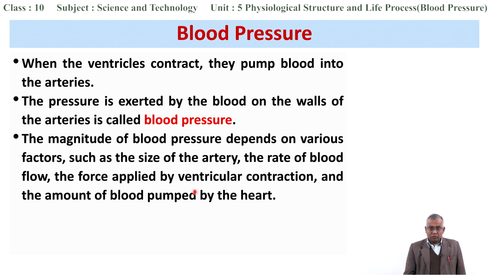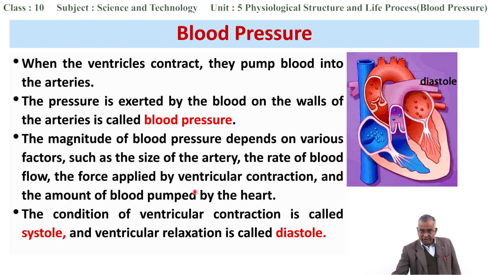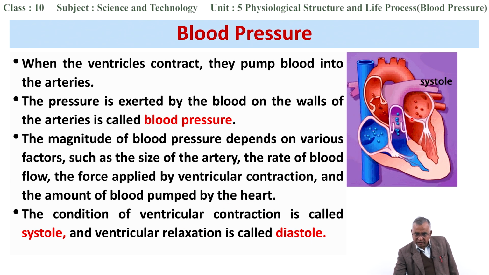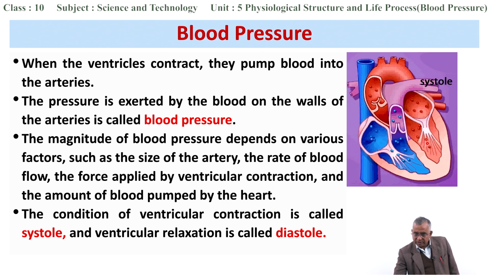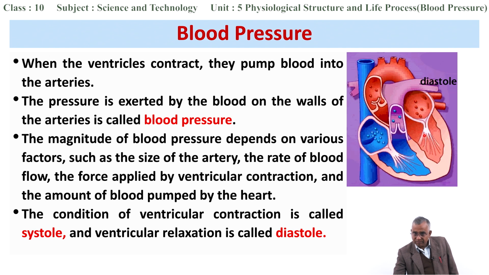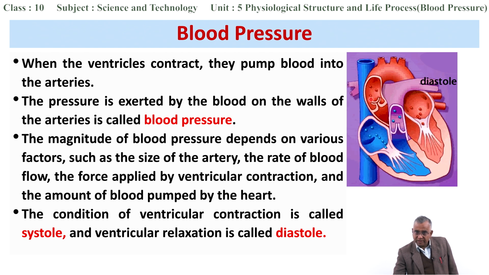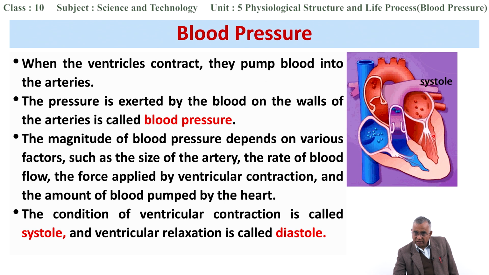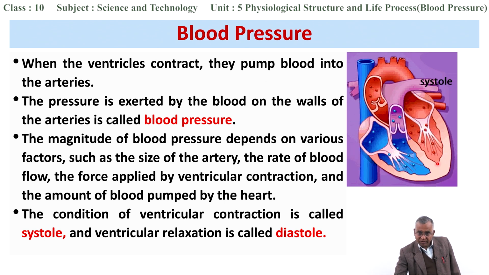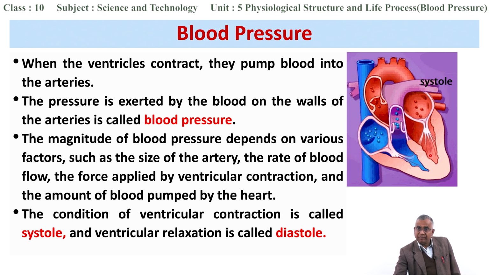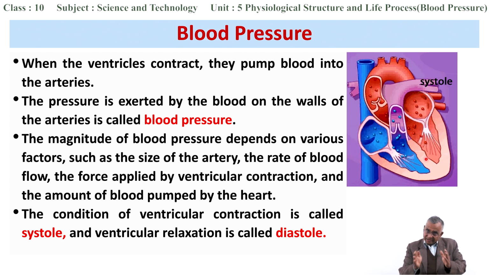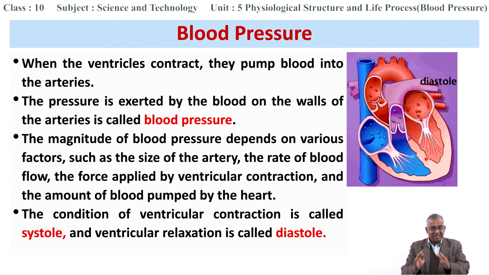Pressure of blood. You can see in this animation, look here. Here when the auricles contract, blood goes into the ventricles, and when ventricles contract, blood passes to different parts through arteries. That artery is the pulmonary artery and this artery is the aorta. Here, due to contraction, the blood pressure on the wall of the artery is maximum. Look here, that is during contraction of the ventricles. And during relaxation of the ventricles, the blood pressure is the least.